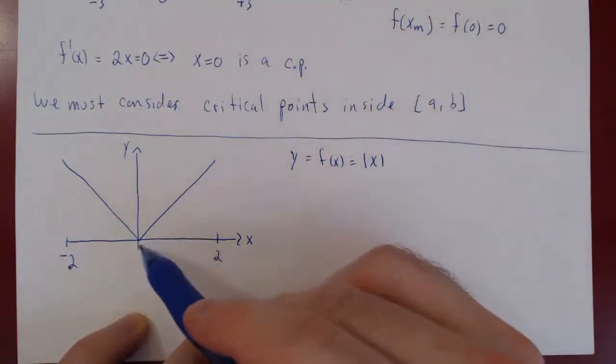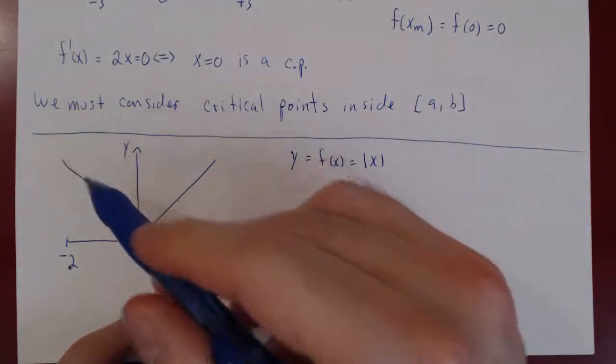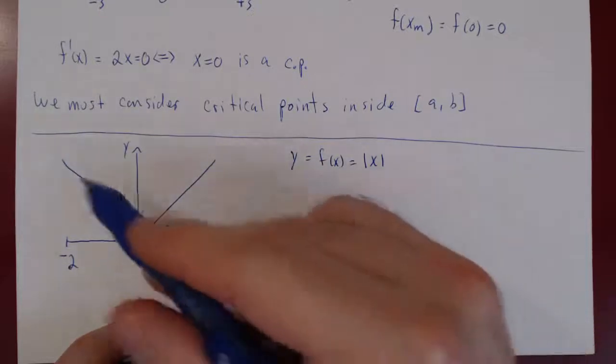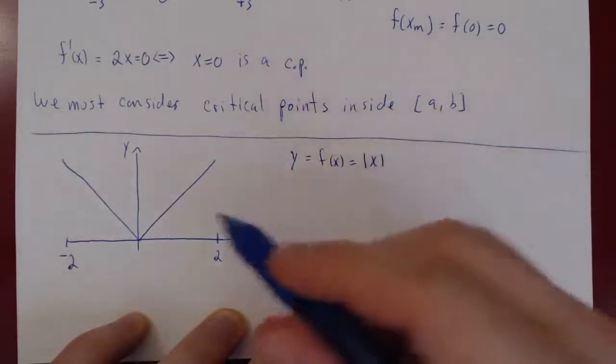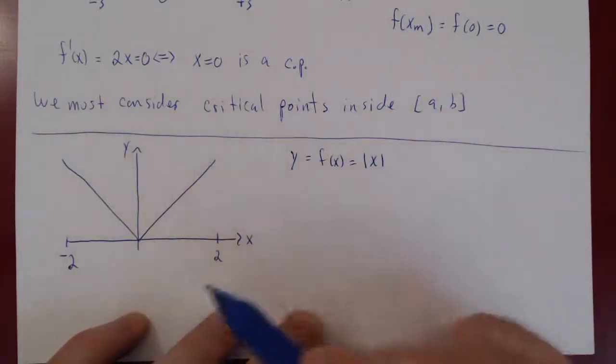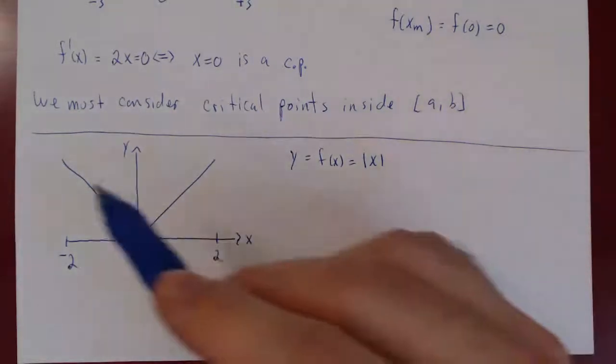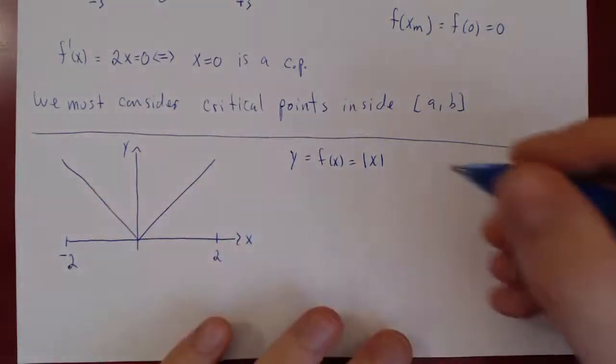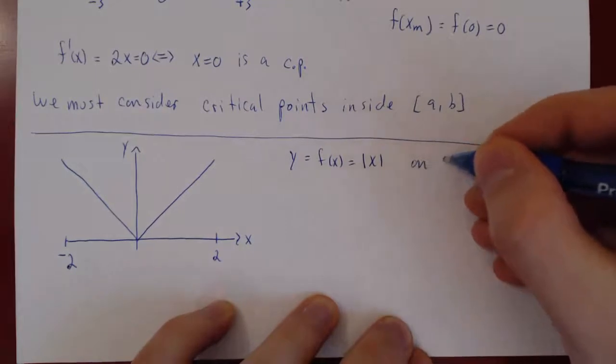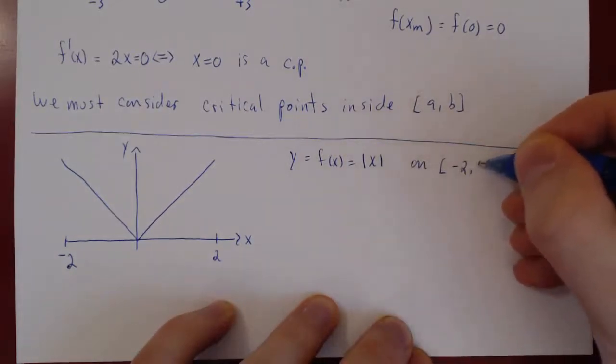As we can see, we are gluing the two lines y equals x and y equals negative x to form the absolute value function. And because they meet at 0 at the same point, the function is obviously continuous. And we consider the function on the interval negative 2 to 2.